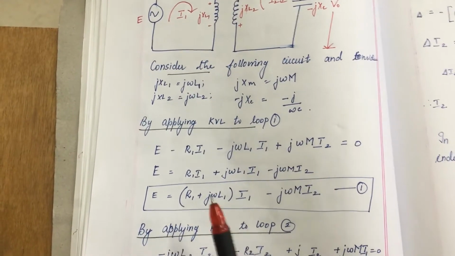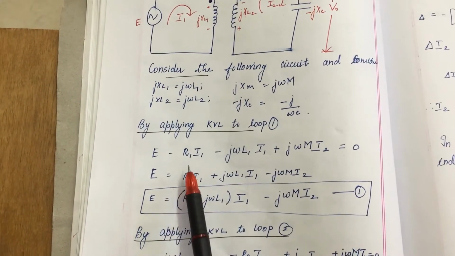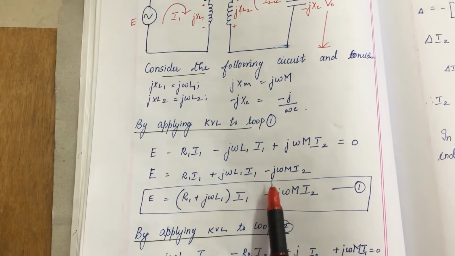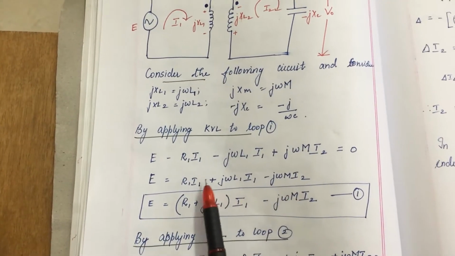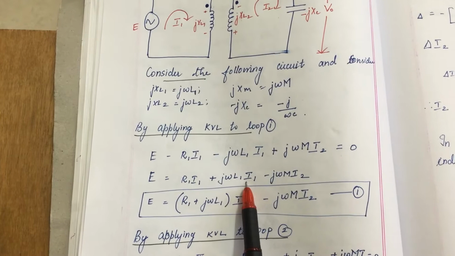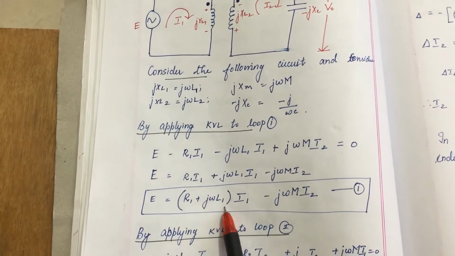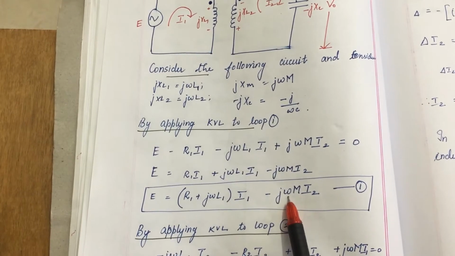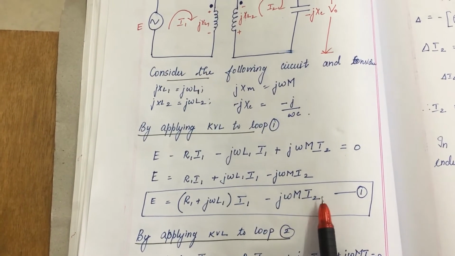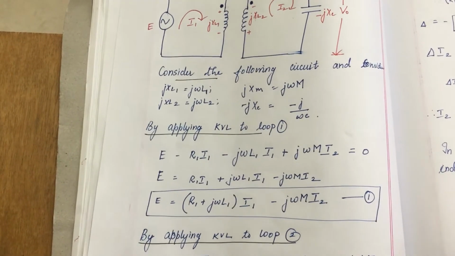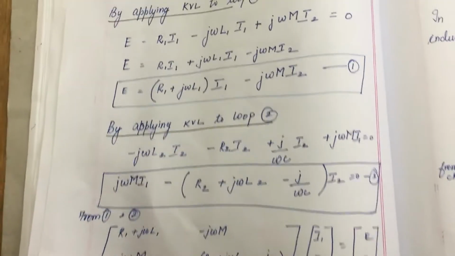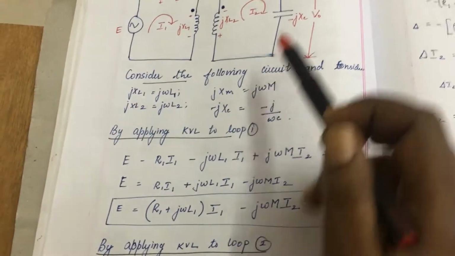Now by bringing all the other terms to the right hand side, the two I1 terms are common. So by taking I1 common, (R1 + jωL1) I1 minus jωM I2 is equal to E, which becomes equation 1.